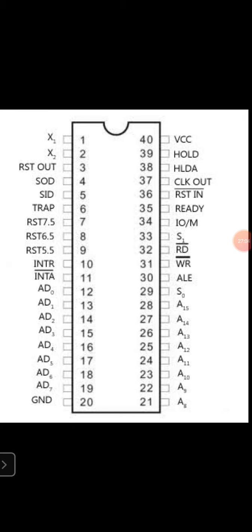From that, we latch AD0 to AD7, to generate a separate set of 8 address lines A0 to A7. That is the ALE, address latch enable. This is the total pin description of the microprocessor 8085.